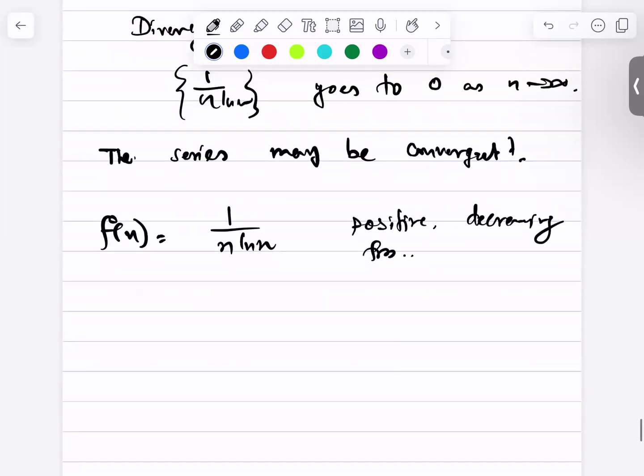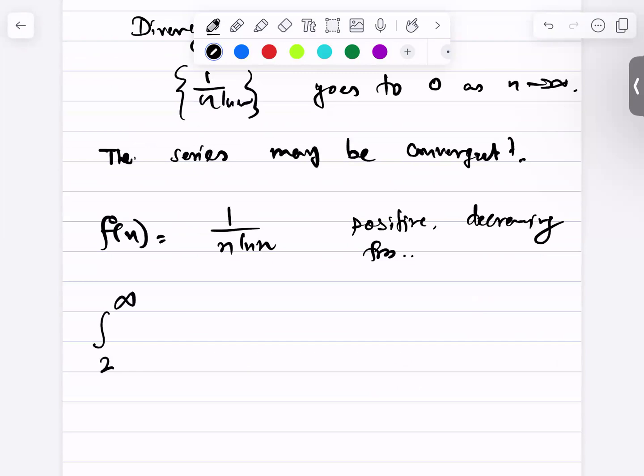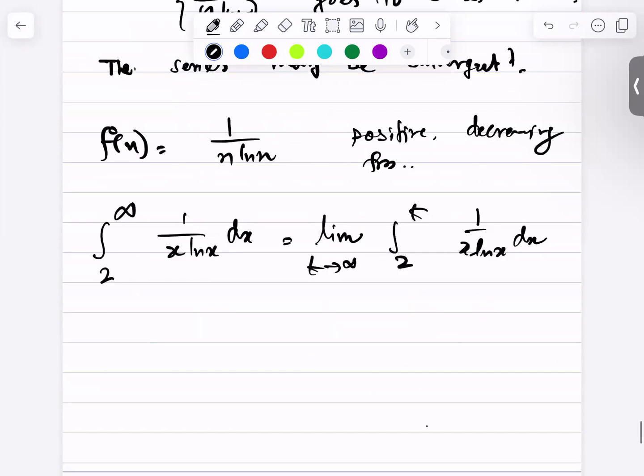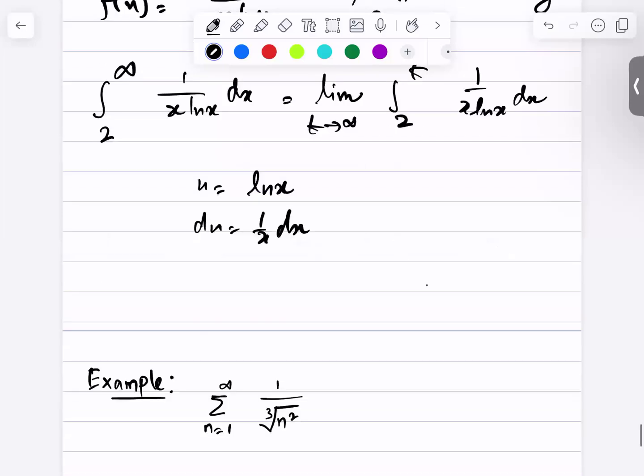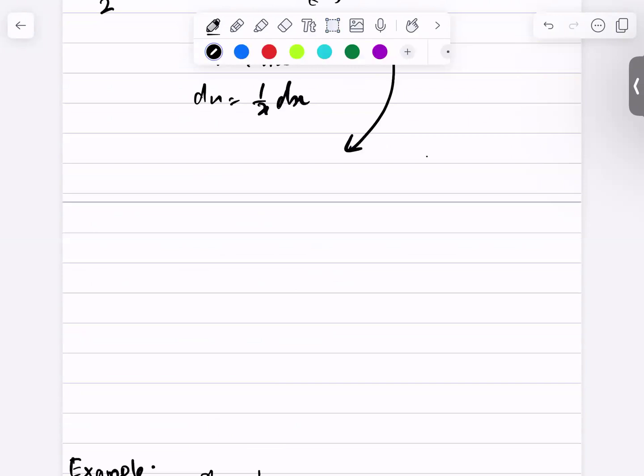As n starts from 2, my integration also starts from 2 to infinity of 1 over x ln x dx. Again, an improper integral, so intermediate variable t, and then take the substitution u to be ln x, then du is 1 over x dx, and thus this integral now changes to the limit as t tends to infinity of the integral of 1 over u du.